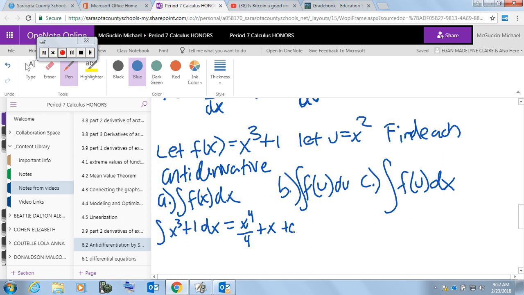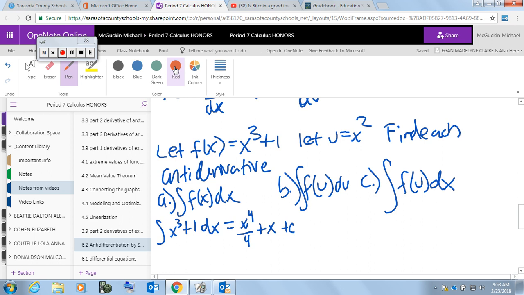Alright, let's move on down to the next one, where we start changing some things up a little bit. Now let's say we have the integral of f of u du. Well, if f of x equals x cubed plus 1, that means that f of u is u cubed plus 1, right? That is our fundamental theorem of calculus working at its finest.